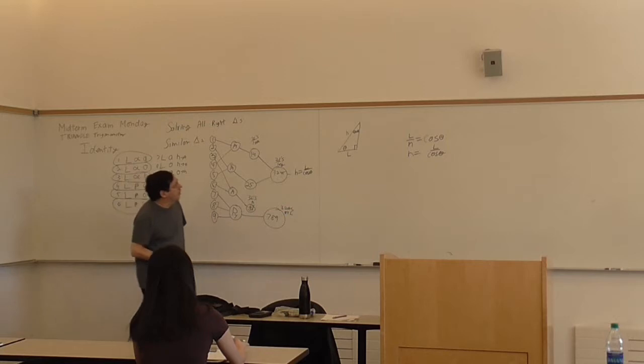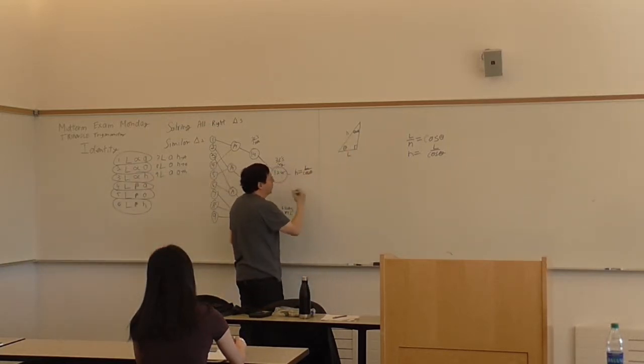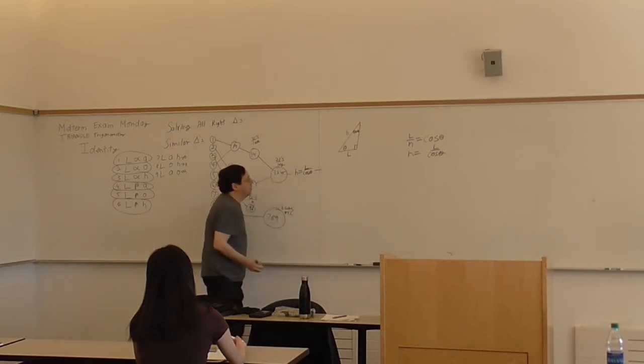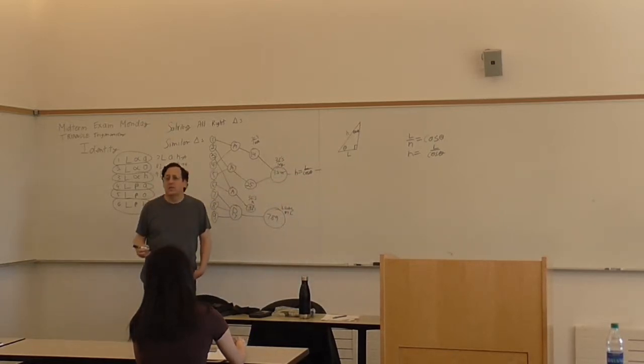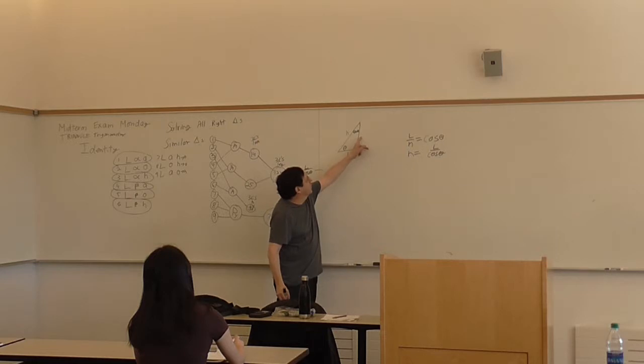What else do I need to know? I know 3 angles, I know a leg, I know a hypotenuse. What am I going to do now? I want to get the third side, or the other leg.